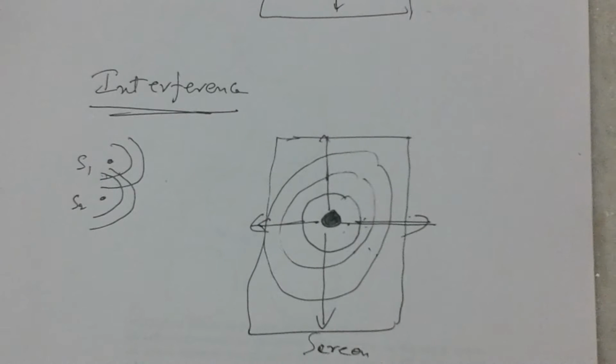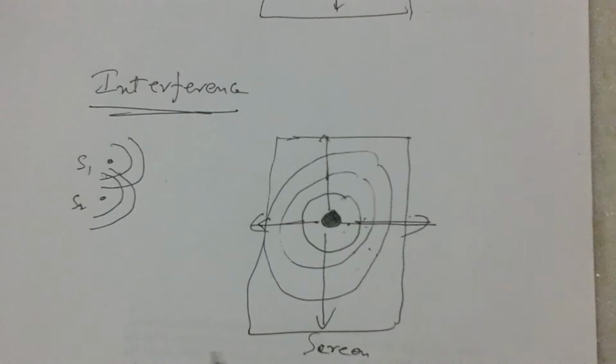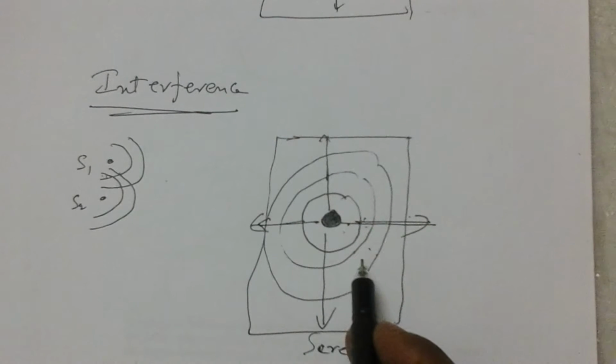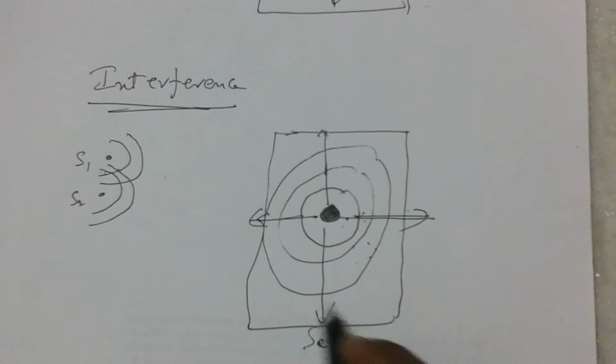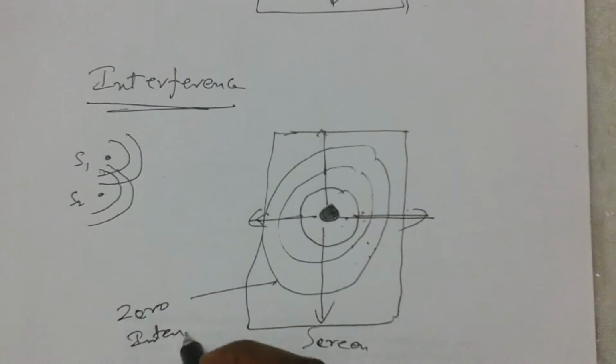But one thing you have to remember: the bright fringe will have uniform intensity as you go left or right, top or down. Here the dark fringe has zero intensity.